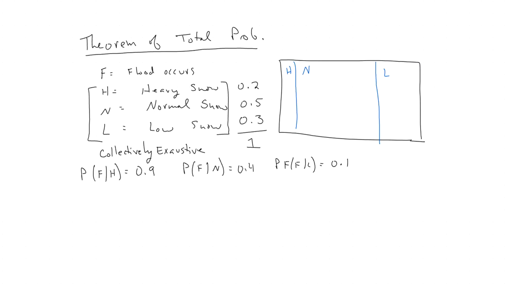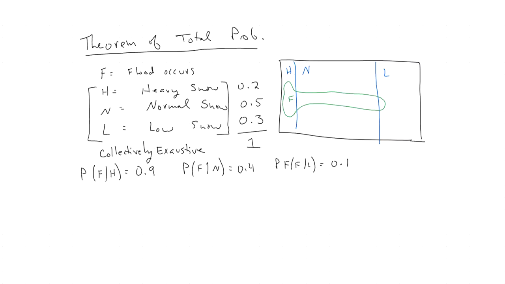So we're going to draw this flood event superimposed, and it's going to be a little funky. We have a high probability in H, a medium probability in N, and just a little bit over there. It's a funky shape, but let's just represent the idea that we have very high probability of flooding over here in H, a little bit in N, and very little bit over in L.